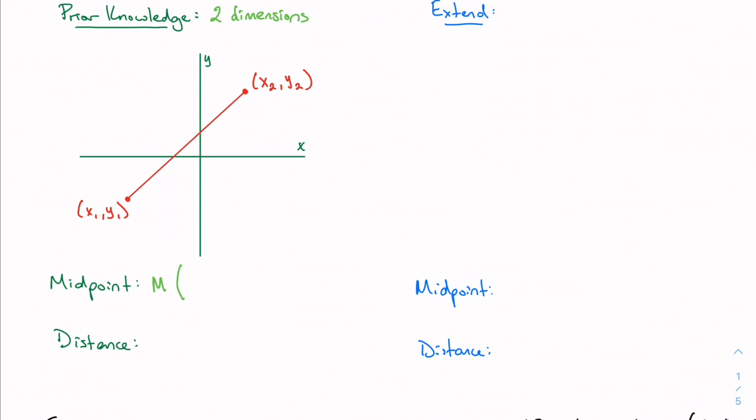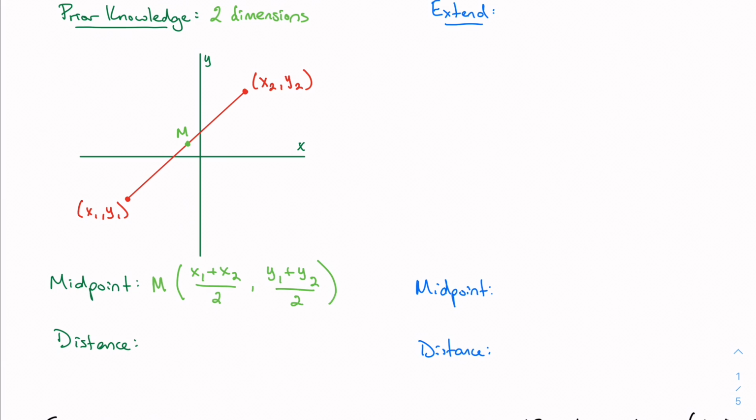The midpoint is a point, and the x-coordinate of the midpoint is halfway between my 2 x-coordinates. In other words, it's the mean of the 2 points. Likewise with the y-coordinate, that's the mean of the 2 coordinates. It's right in the middle. If I eyeball it, my midpoint's probably here somewhere.